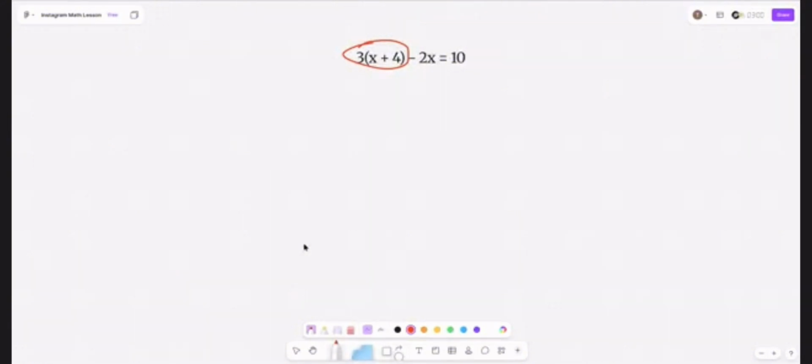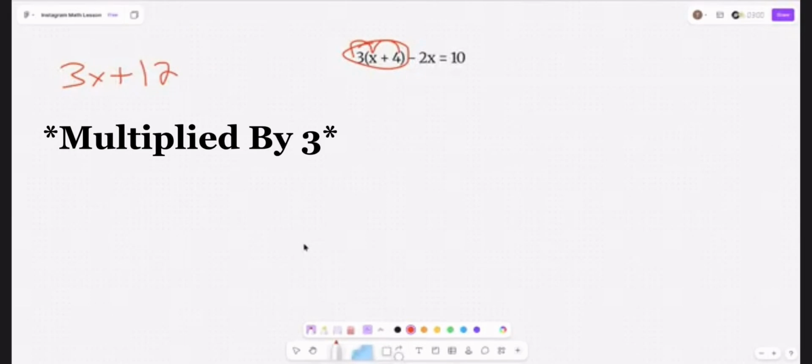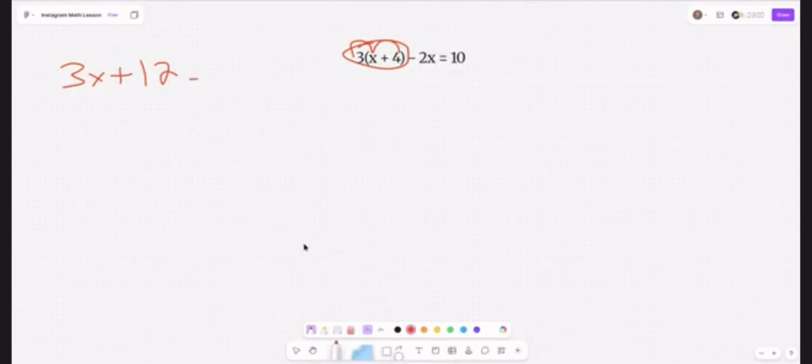So all you're going to do is hop the 3 over so that it hits both of them. So you're going to end up with 3x plus 12. So everything inside the parentheses is going to get multiplied by 3, and then you're still going to have your minus 2x equals 10.